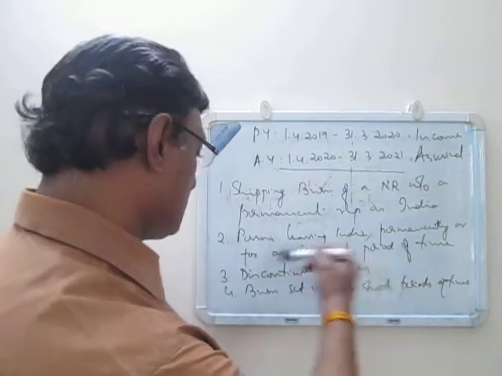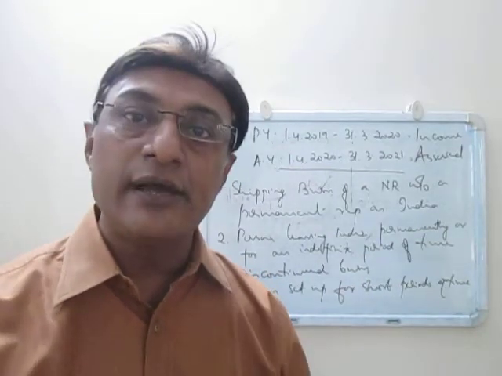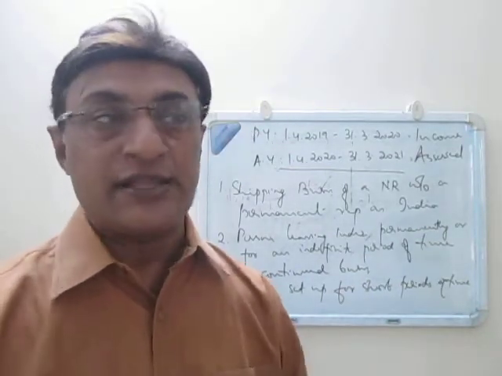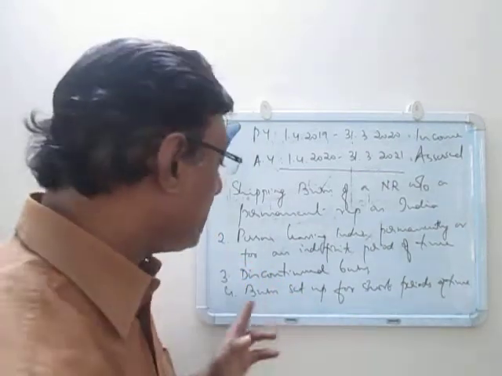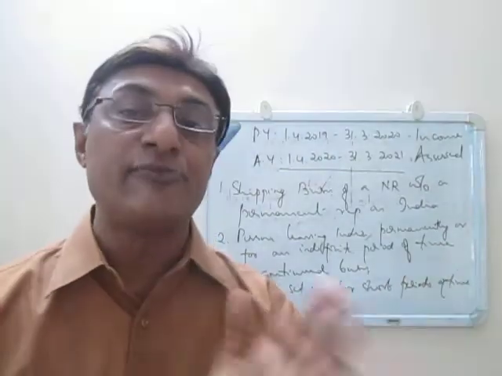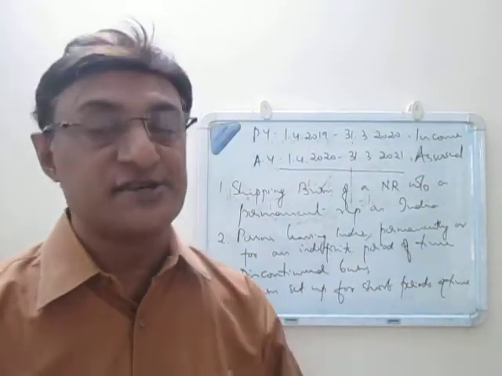It is similar to this case of discontinued business. It is commenced in the year, it is wound up also in the year. There is no point in waiting for the assessment year to start. Income of that discontinued business or that business which is set up for a short period of time would be assessed to tax in the previous year itself.